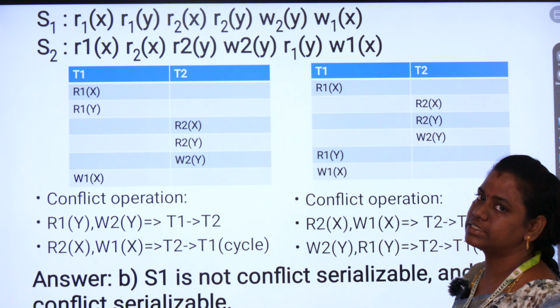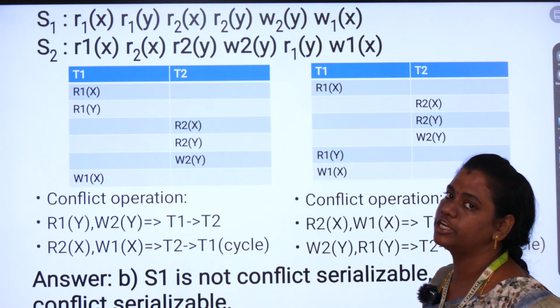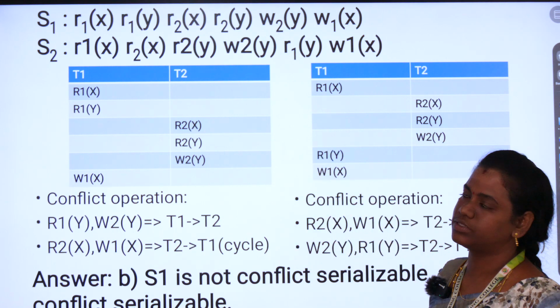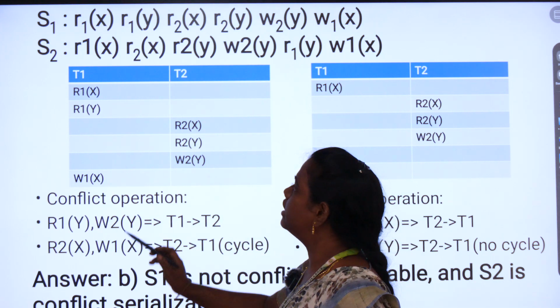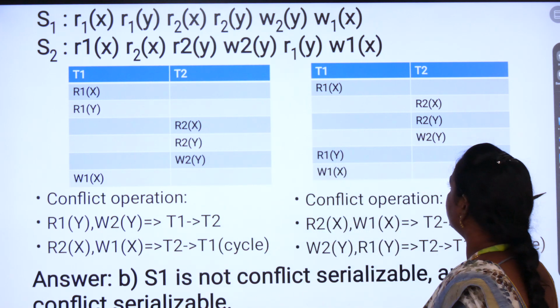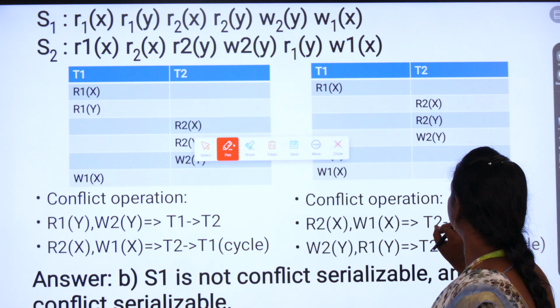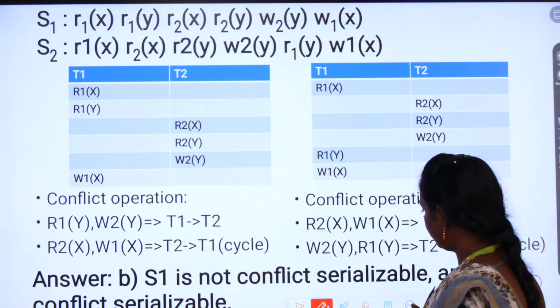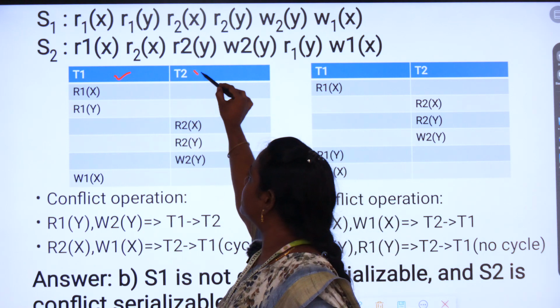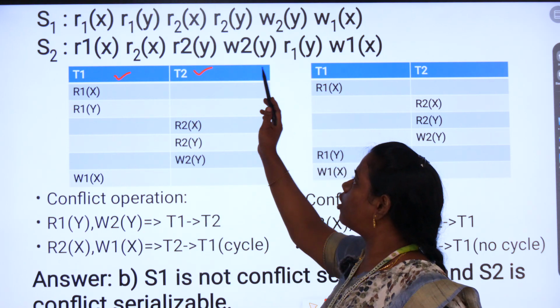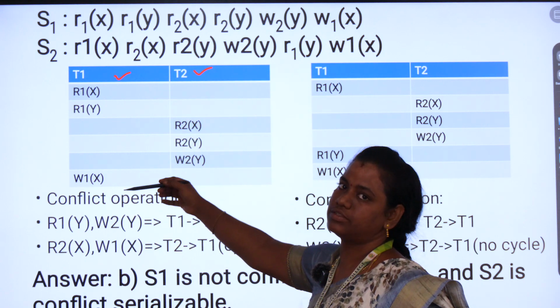For easy understanding, I have converted the given schedules into two tabular forms. The first schedule deals with two transactions, T1 and T2. I have plotted the schedule as it is.